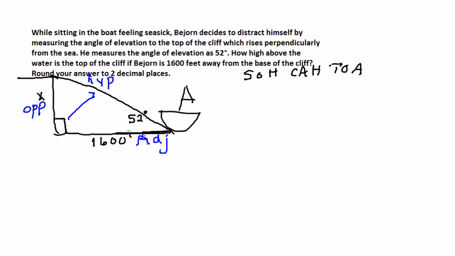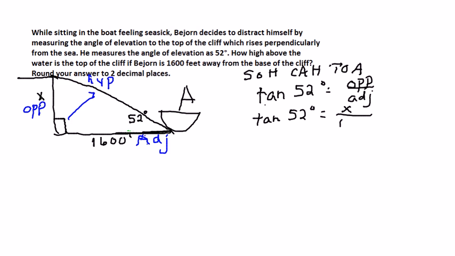So we will write tangent of 52 degrees equals opposite over adjacent. So for us, that would be X over 1,600. So I can multiply both sides of the equation by 1,600.